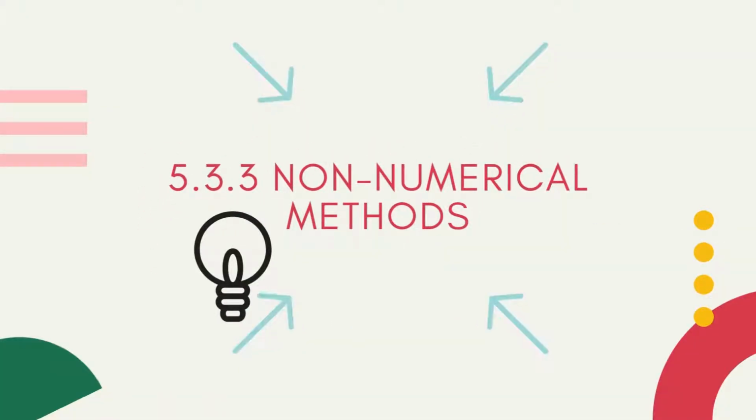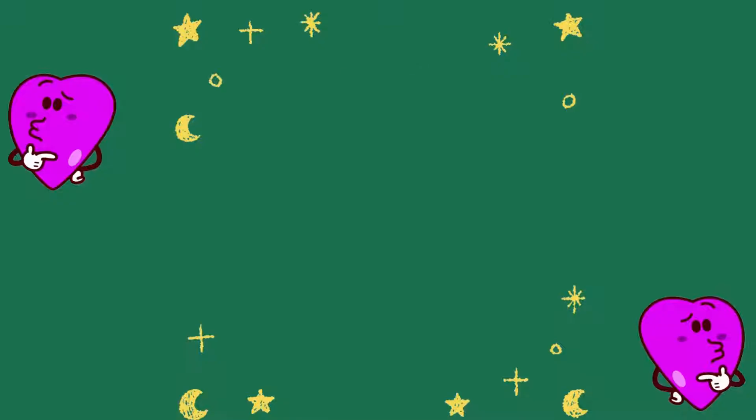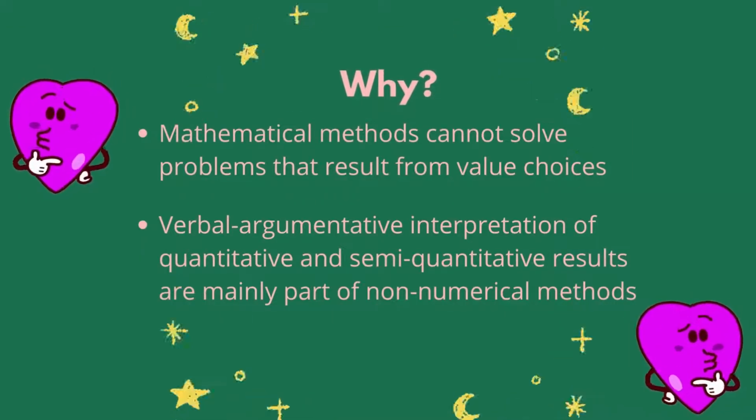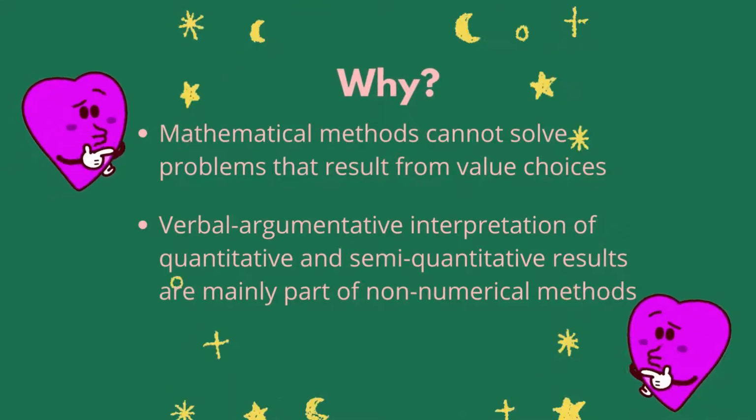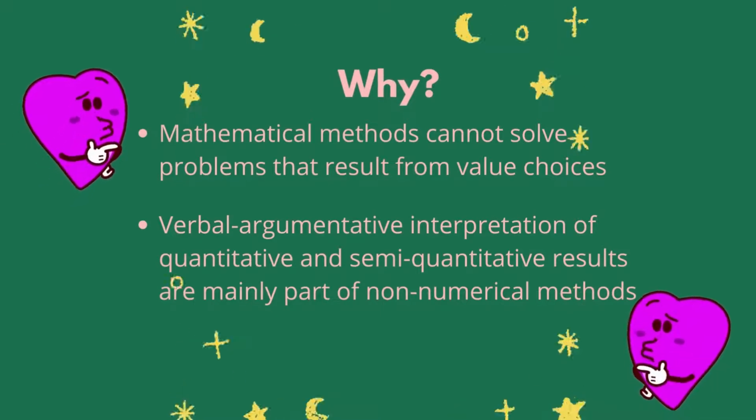And now we are moving further to 5.3.3, which is non-numerical methods. Why are non-numerical methods considered as important as numerical methods?